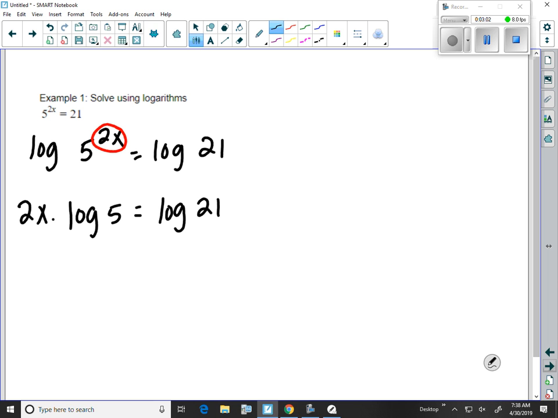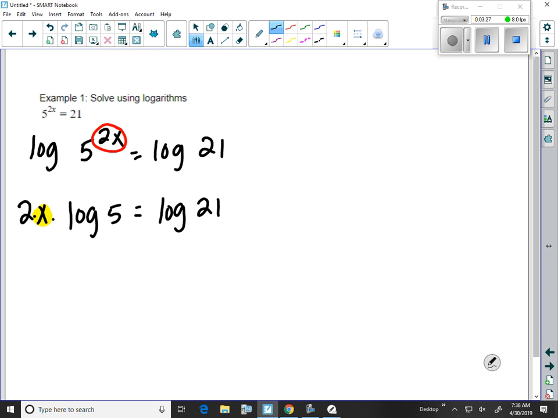So if we want to get x all by itself, this is like having 2 times x times log 5. If I just want to leave the x there, how can I get rid of the 2 and the log 5? How do we undo them being multiplied?